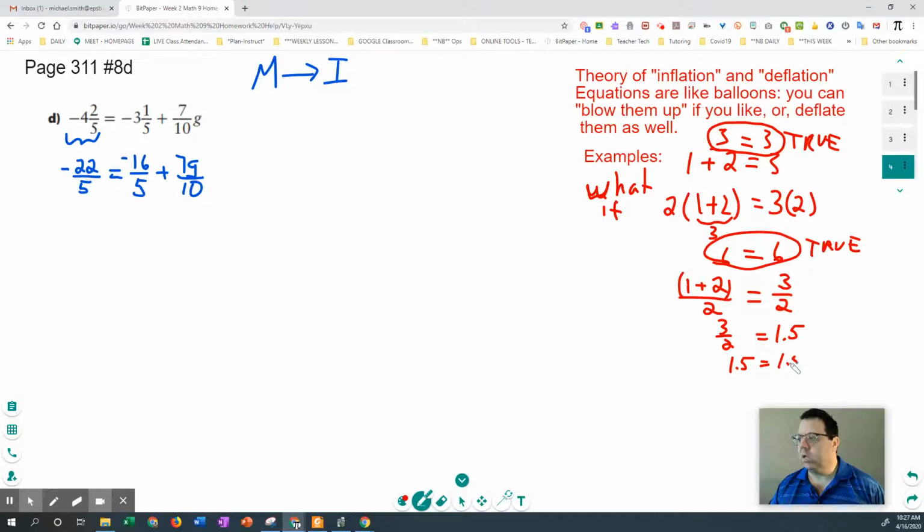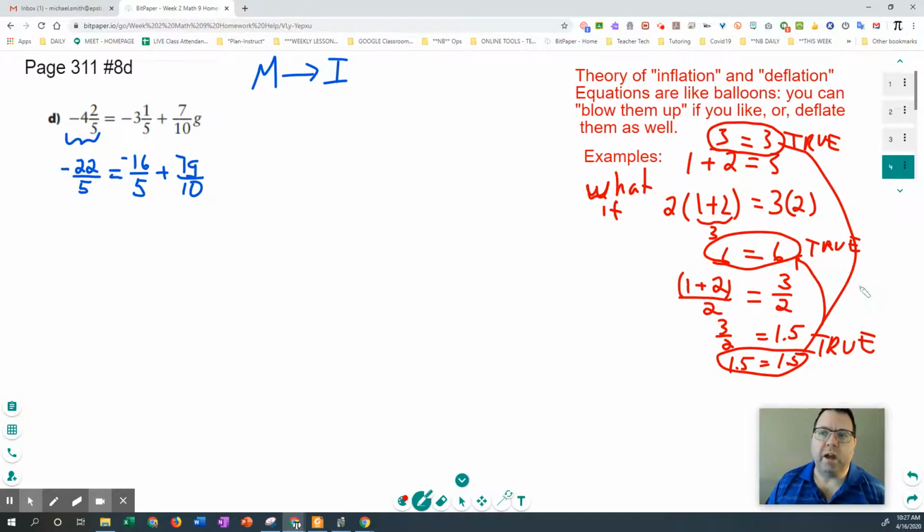And even though you're tempted to say, but Mr. Smith, 1.5 equals 1.5, that's different from 3 is equal to 3, and that's different from 6 is equal to 6. This is the beauty of the equal sign. This is the wonder of algebra. The equal sign doesn't care how you inflate and deflate questions, okay?